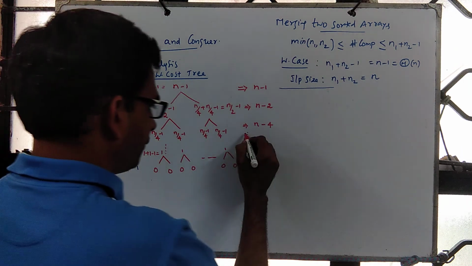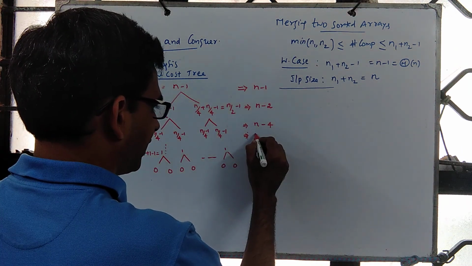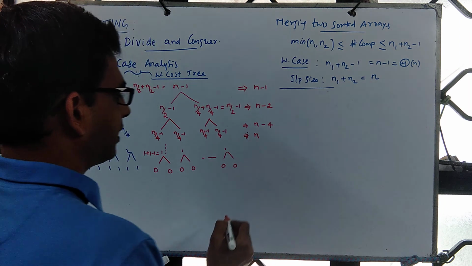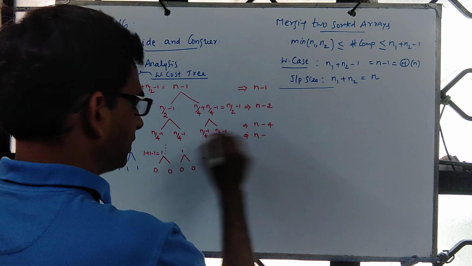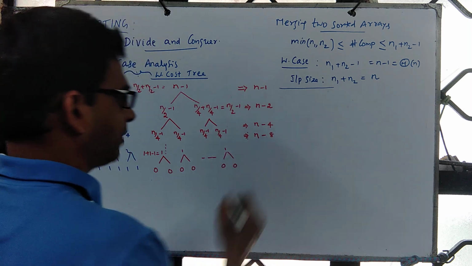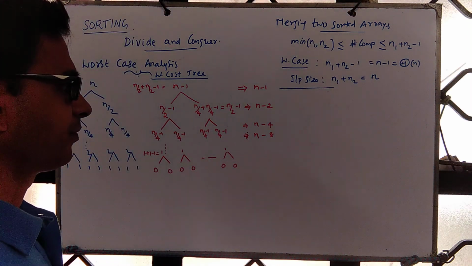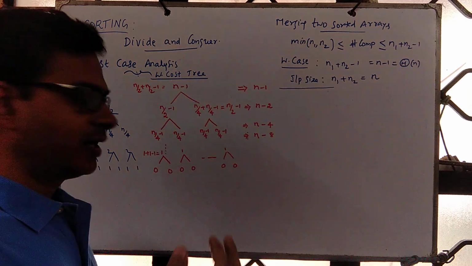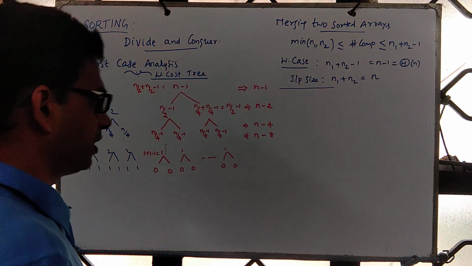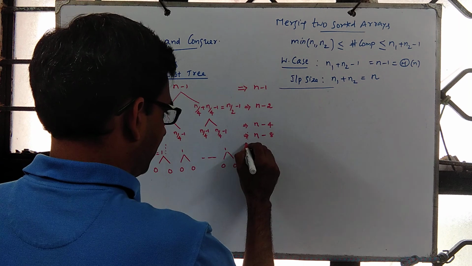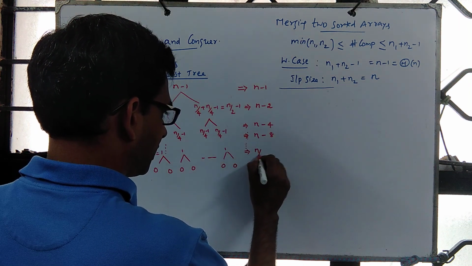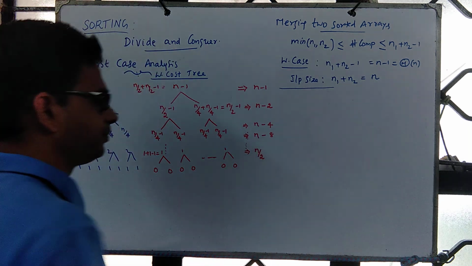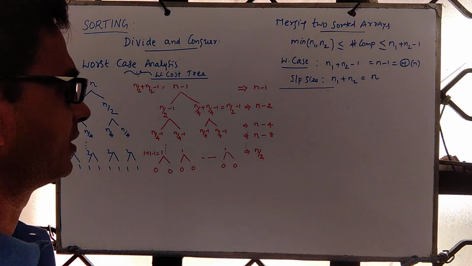At the next level if you see, it will be n by 8 appearing 8 times, so it is n, and minus 1 is appearing 8 times, so it is n minus 8. Correct? And it keeps going down. When we move down at this stage, we see that it is n by 2. There are n by 2 ones.